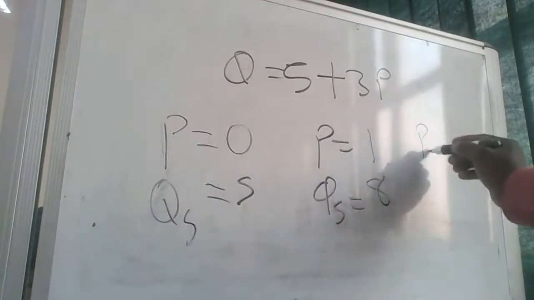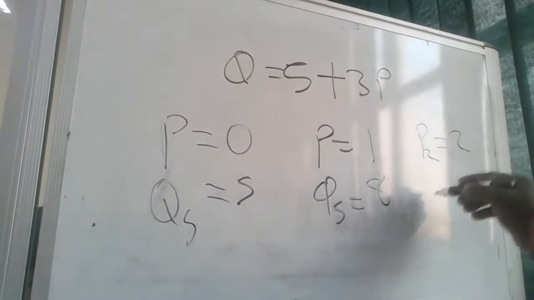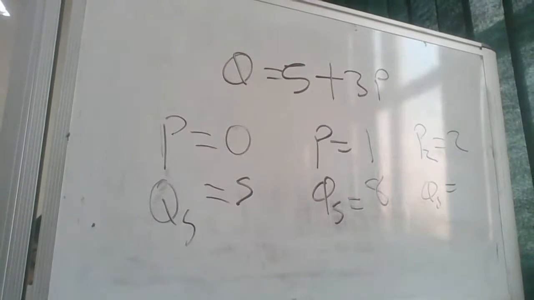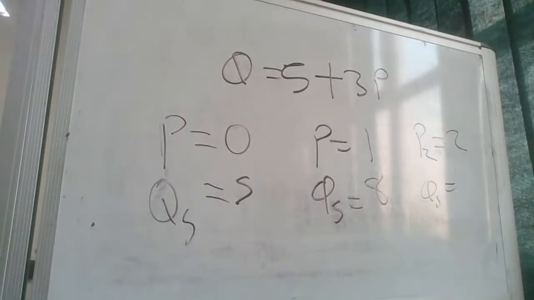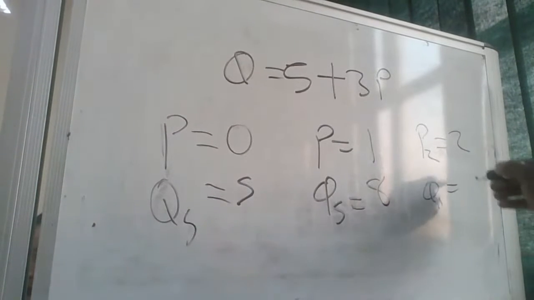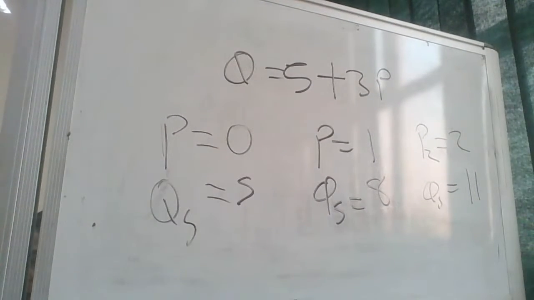Let's end at P equal to 2. When P is equal to 2, what will be the quantity supplied? 11, 11. Okay, then we are following. So when P is equal to 2, quantity supplied will be 11.